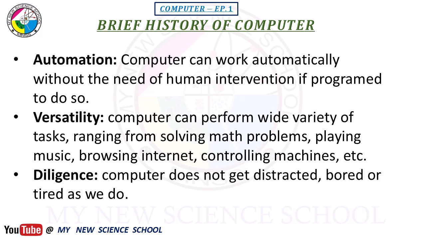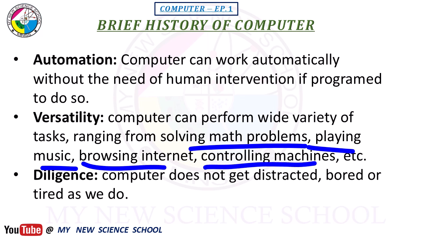For example, it's not that a computer that can solve mathematics problems can only solve these kinds of problems. No, computer can perform many different tasks. For example, it can solve mathematics problems, also play music, it can also browse internet and also control machines, for example. So this is all computer.